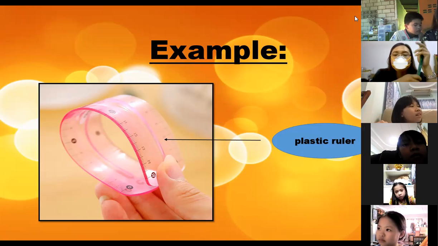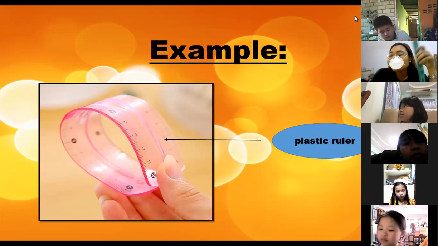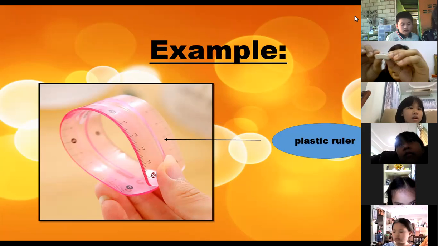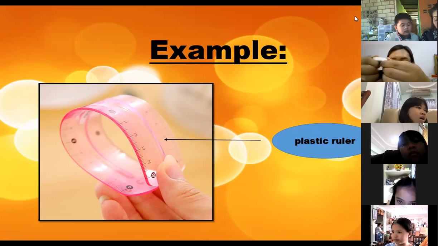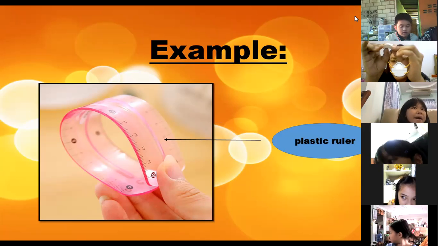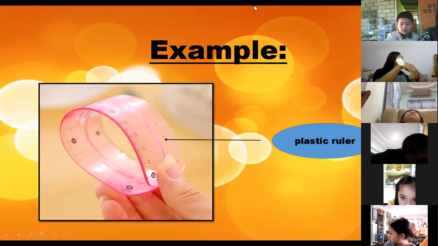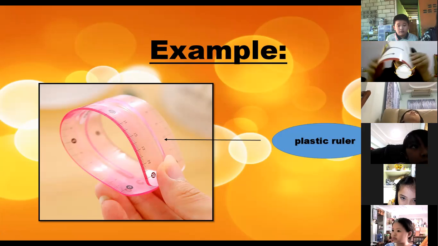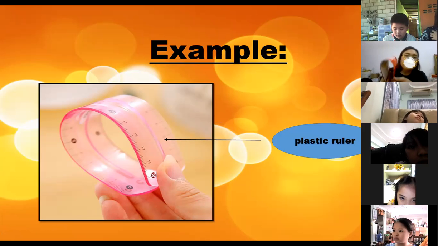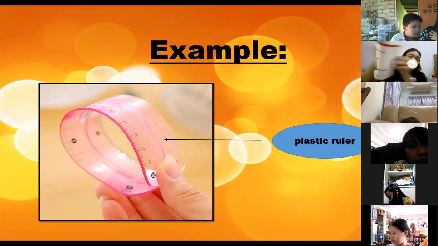What else? Rubber. This one, eraser. Yeah, we can also flex the eraser without breaking. What else? Oh, this one. I have a flashcard. You can bend the flashcard without breaking or without ripping it.